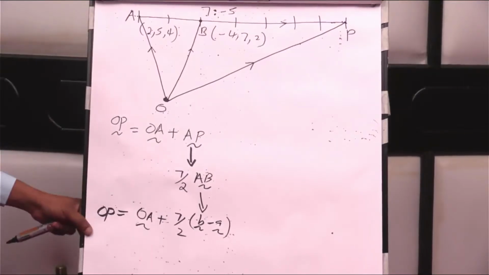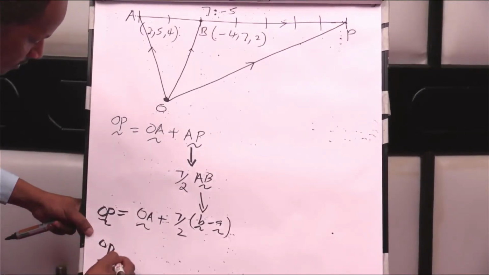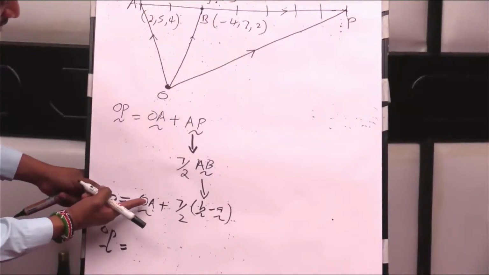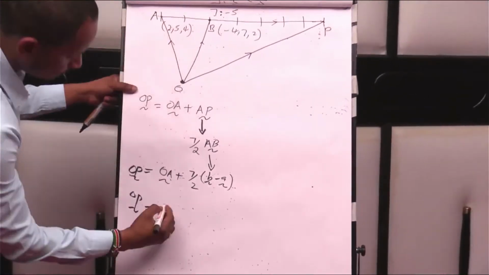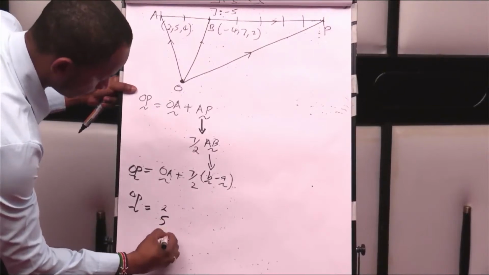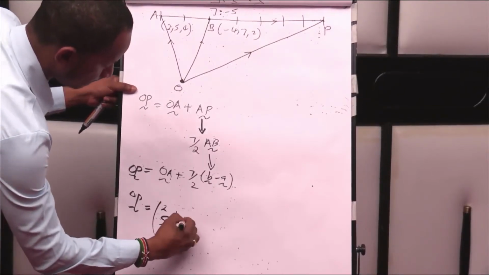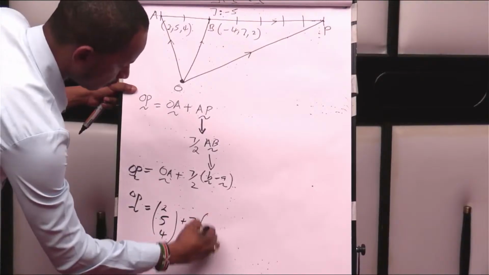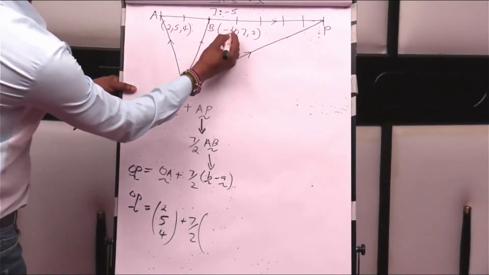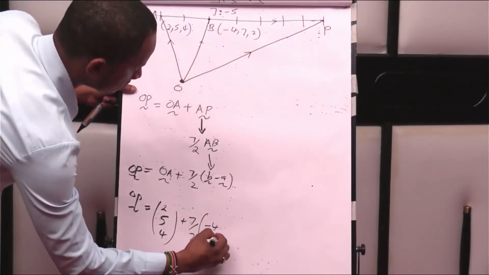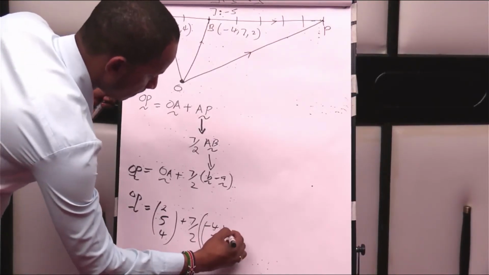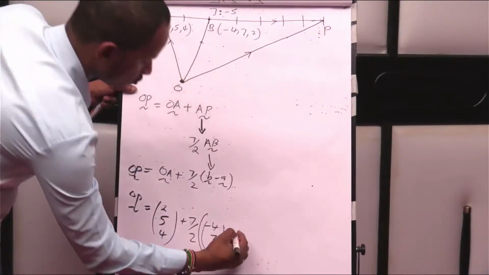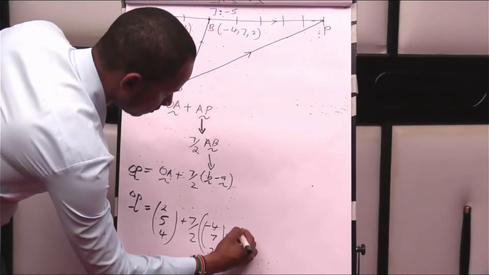Very interesting. So OP equals OA. What is OA? OA is 2, 5, 4 plus 7 over 2 of B, our B is minus 4, 7, 2, minus A. Our A is 2, 5, 4.